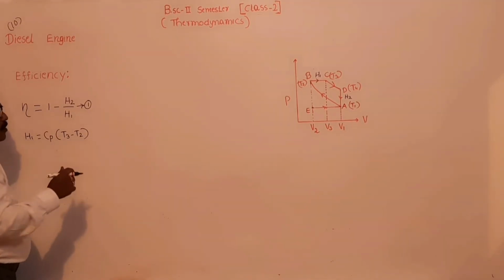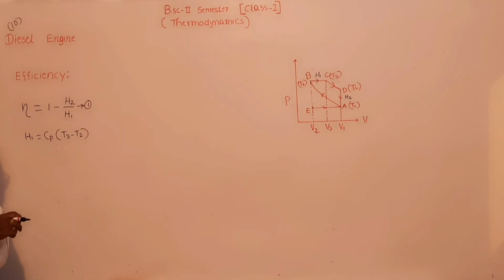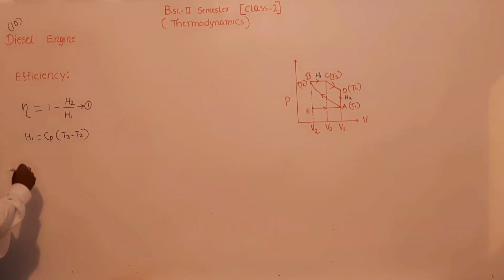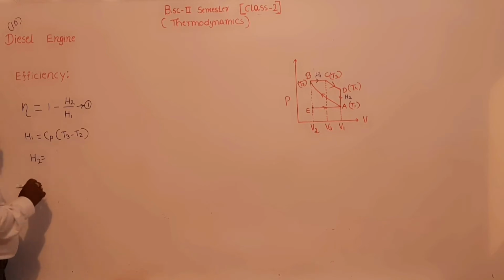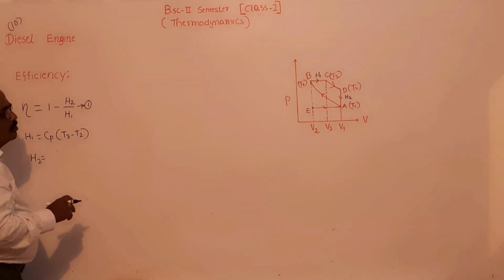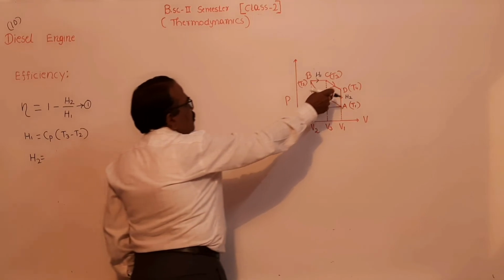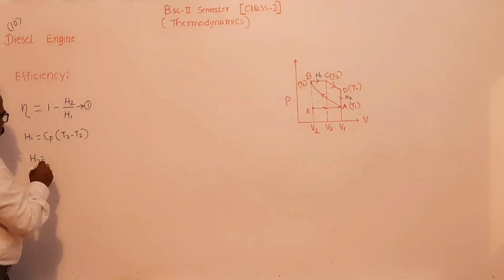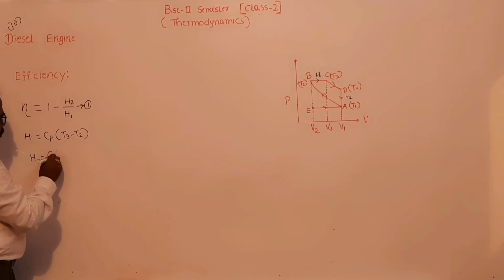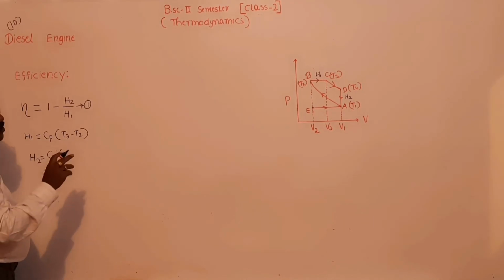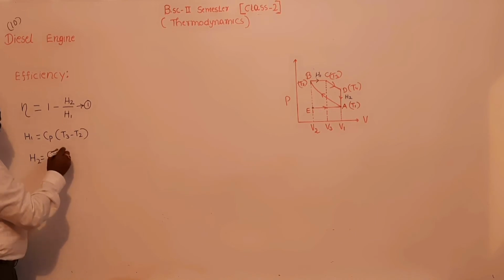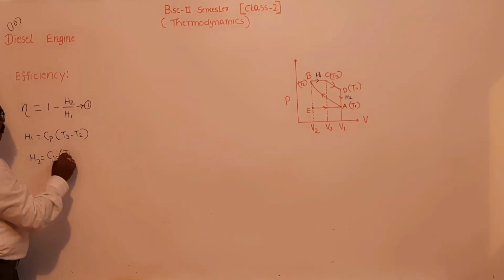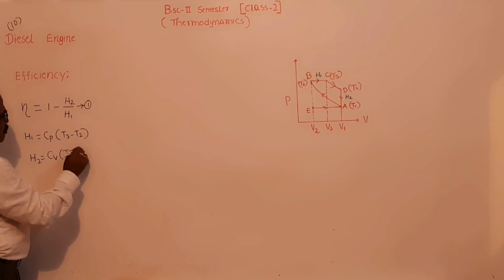Once again, as in the previous case, 1 gram of the substance is considered. Then what is H2? Along this path, volume is constant. So this is Cv into the temperature change from T4 to T1, therefore T4 minus T1.